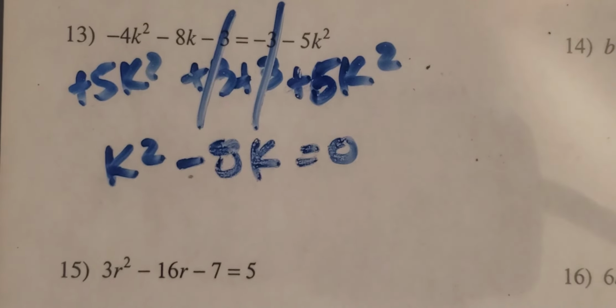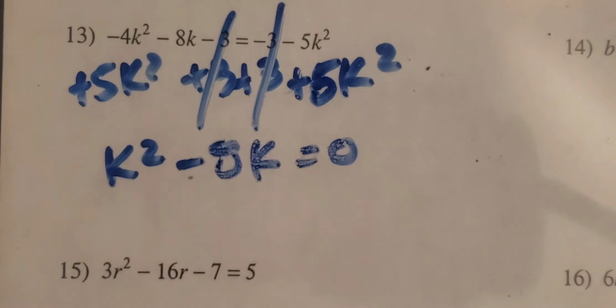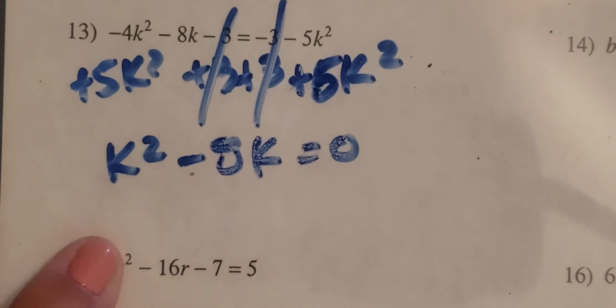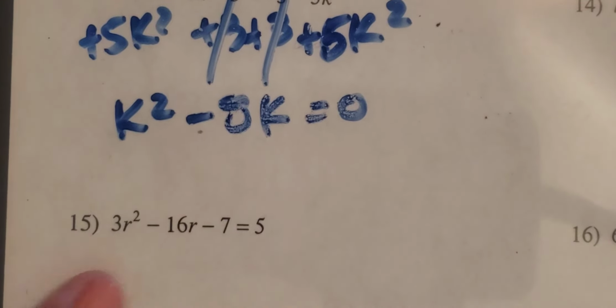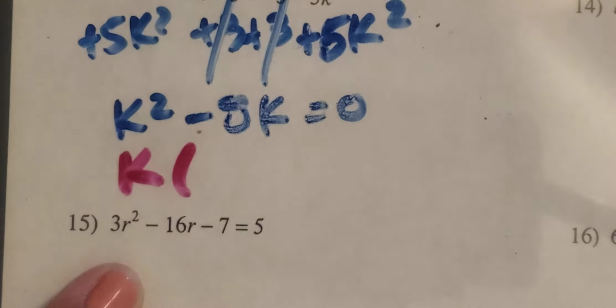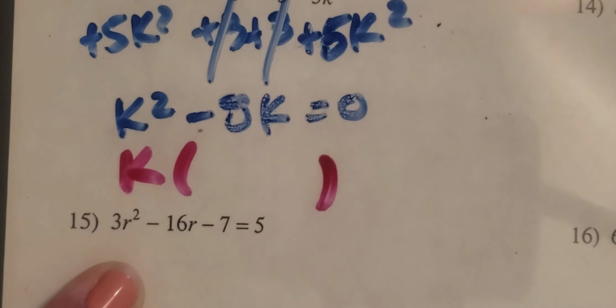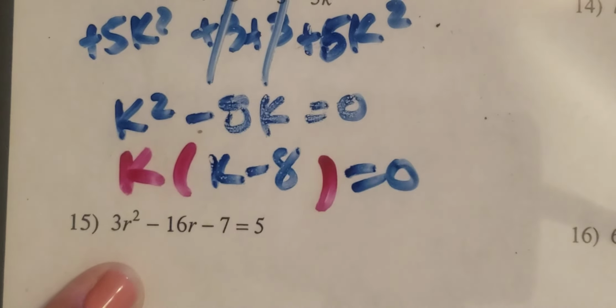Okay, so we do not have a trinomial, we actually have a binomial. So that's fine. So as usual, we're going to factor these. And remember, always look for that GCF. And in this case, we do have a GCF. Between these two terms, we have a common factor of k. Okay. So what's left on the inside would be k minus 8 equals 0.